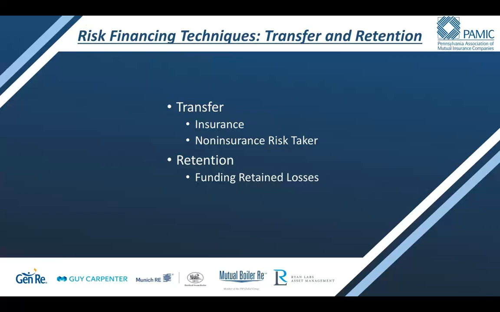Okay, risk financing techniques: transfer and retention. These are not only used by risk managers and insurance companies. Transfer and retention in an insurance company would be how much we take on as the primary responsibility and how much we take on the reinsurance.